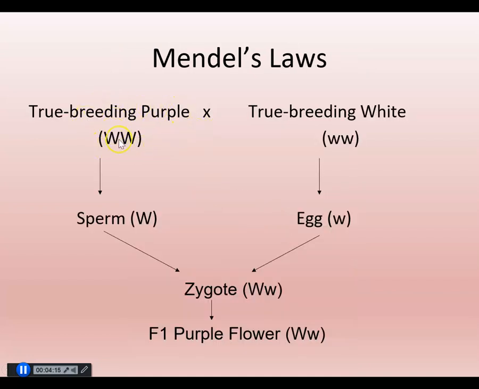So his true breeding purple was capital W. His true breeding white was the lowercase one, and he would get a gamete from there, which is the sperm, and the gamete from here, which is the egg. And he got them crossed to get this F1 heterozygous offspring, which was purple. He observed it to be purple.